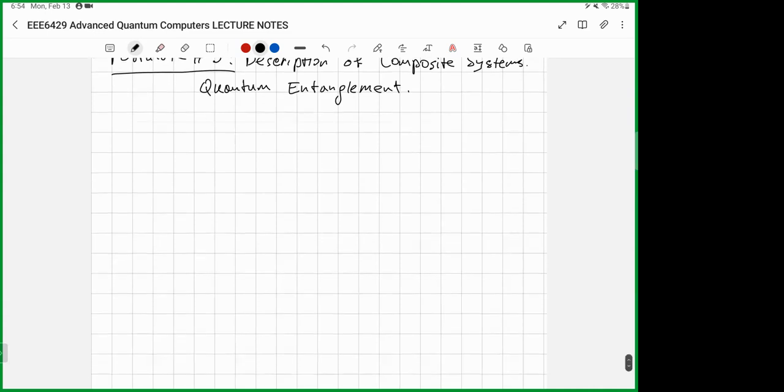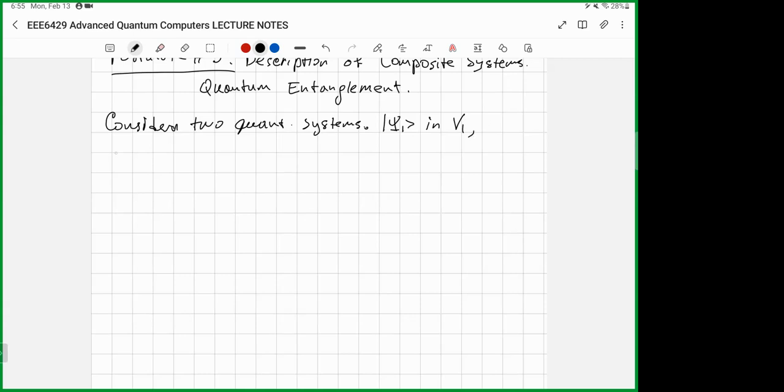So let's consider two quantum systems. The quantum system is described by the psi state, right? And this psi state is defined in its own Hilbert space. For the first one, we have psi 1 in the Hilbert space we denote by V, so it's V1.